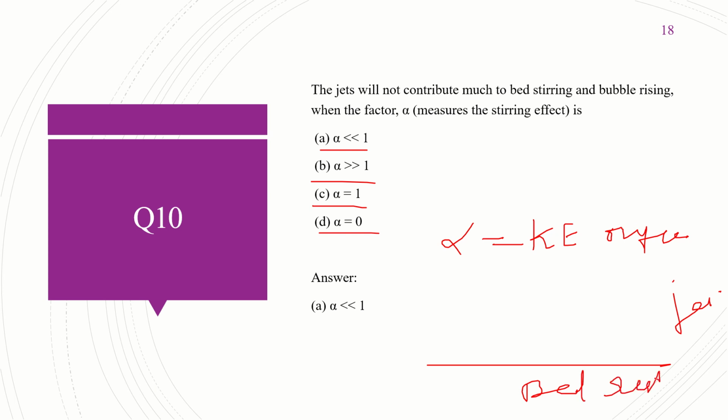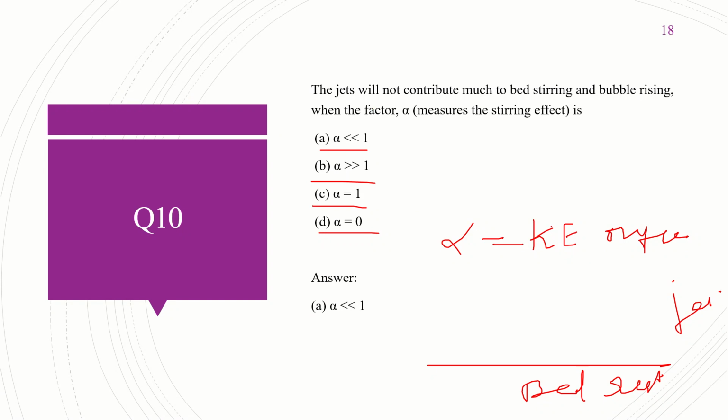So thinking about that, the jets will not contribute much to bed stirring and bubble rising when the bed resistance is more. So the kinetic energy of orifice jets would be low in that case, and the bed resistance would be more. Only then the jets will not contribute much to the bed stirring effect on the bubble rising.